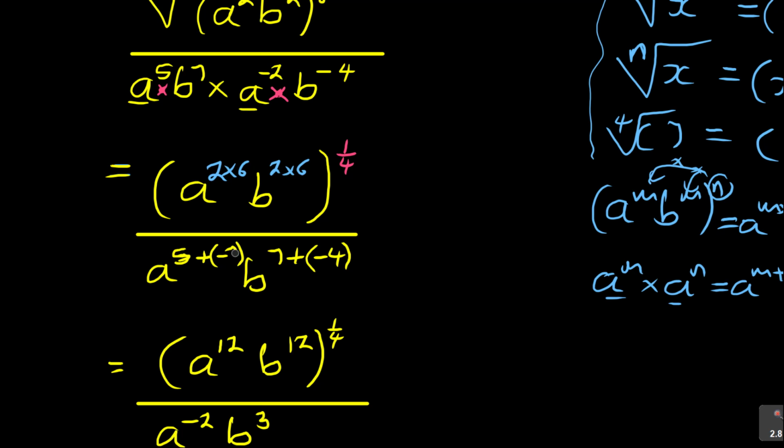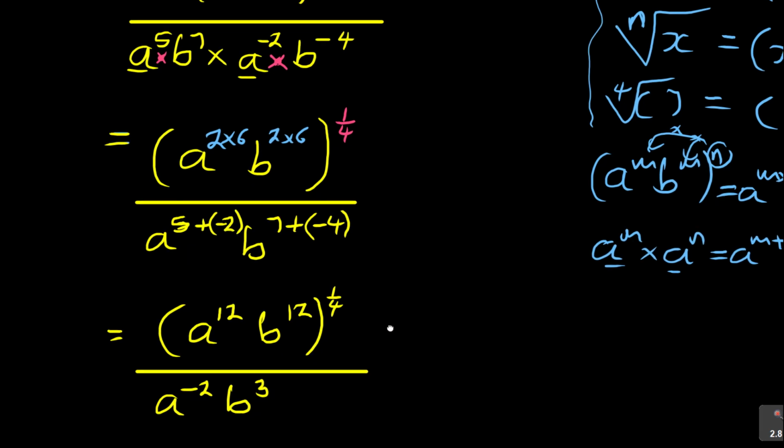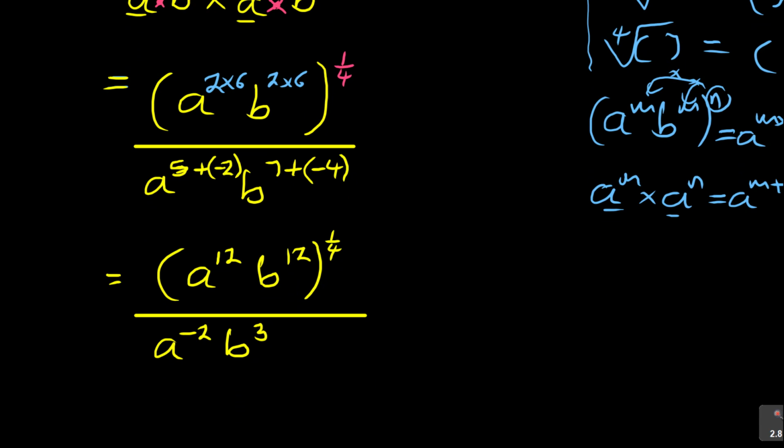I'm supposed to say this negative 7, it's a5 plus a negative 2, not supposed to be negative 7. Are you seeing that? Just correct that one. So in here, 5 plus minus 2 is going to be a to the power of 3, and here 7 plus minus 4 is b to the power of 3.